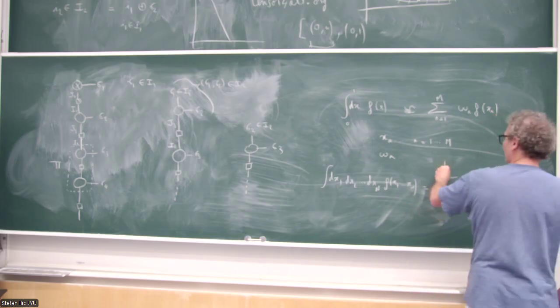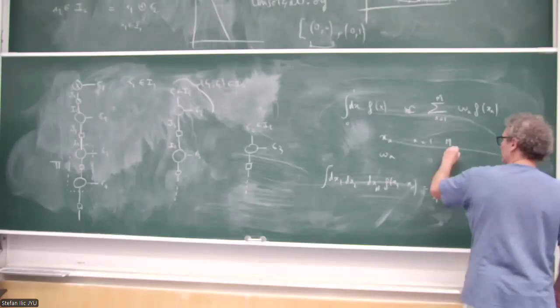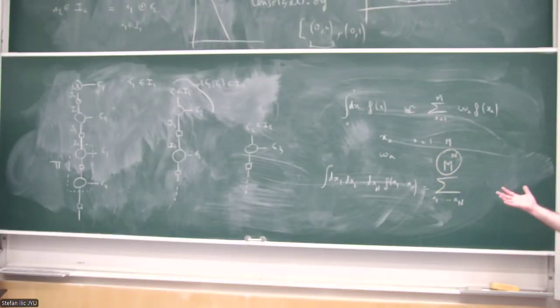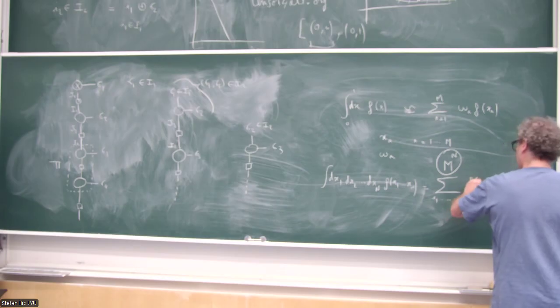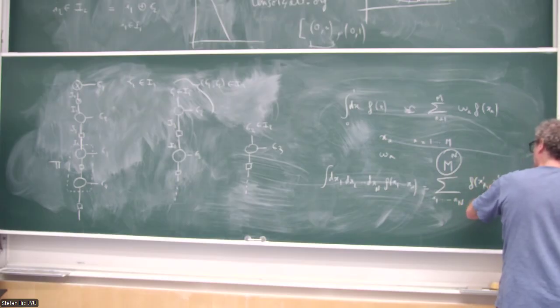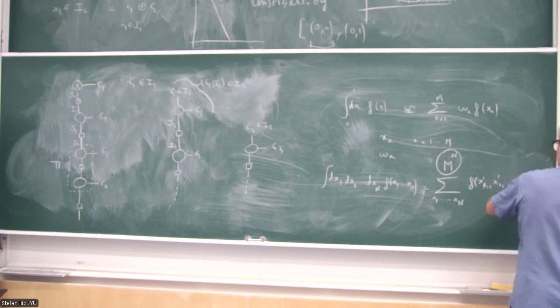So now I have M to the power n points. Terrible for a 15th order quadrature. A quadrature with 15 points, 8 dimensions, that's 15 to the 8, of f of x1 index a1, x2 index a2, ..., xn index an.